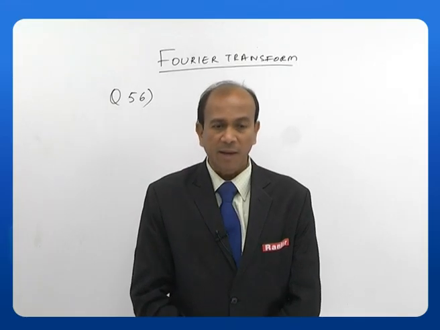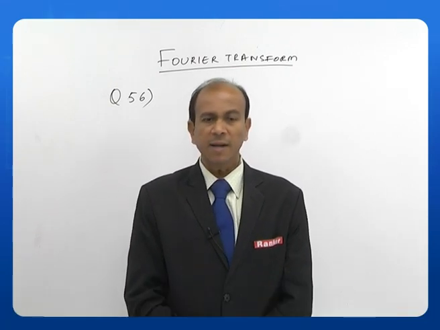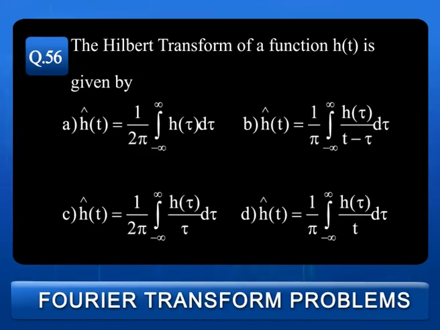The answer is B. That is Hilbert transform h cap of t is equal to 1 by pi integral minus infinity to plus infinity h of tau by t minus tau d tau. Answer is B.